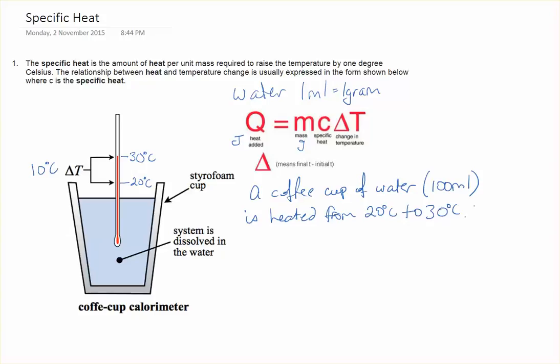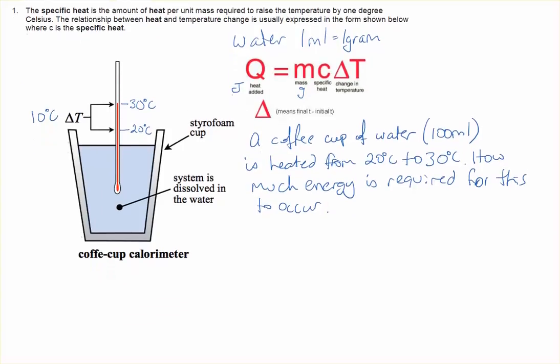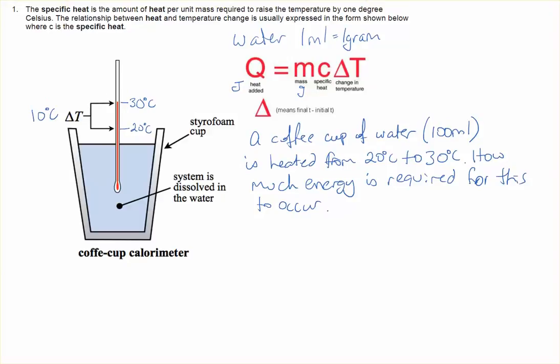And we want to work out how much energy is required for this to occur. So we're going to use that formula where Q equals mc delta T, and we're going to plug in some values. But first thing that we need to know is the specific heat of water.